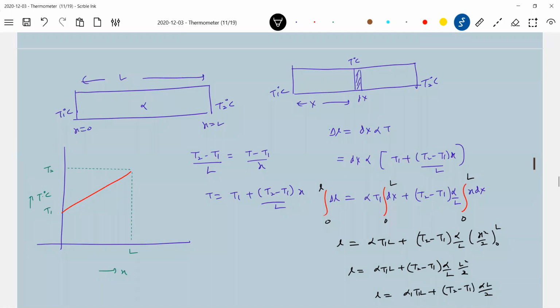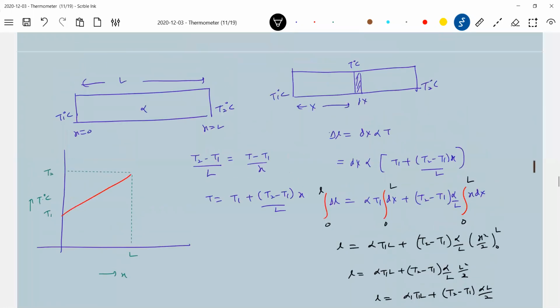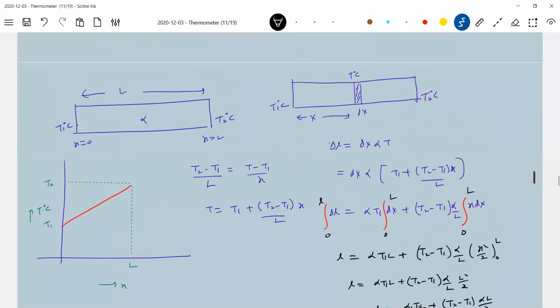I think you can further simplify one more step. Alpha L (T1 plus T2) by 2. Okay, this will be the elongation in the rod where the temperature varies linearly from one end to another end.